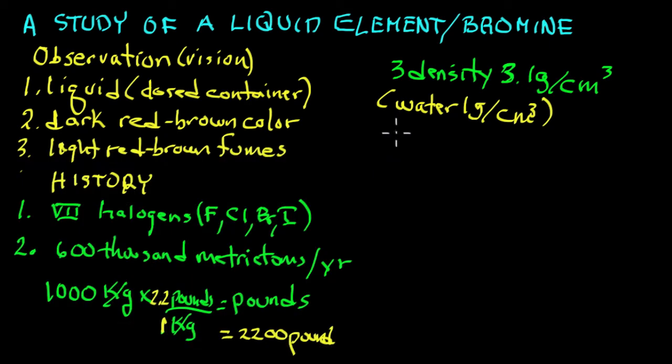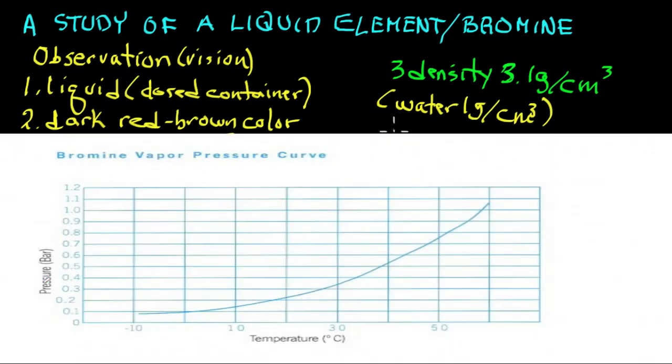And if you look at this chart that we put up here, you'll see that it vaporizes and the chart stops at about 59 degrees Celsius. That's when it's completely turned to vapor 100%. And it stops at -7 degrees Celsius, and that's when it freezes.